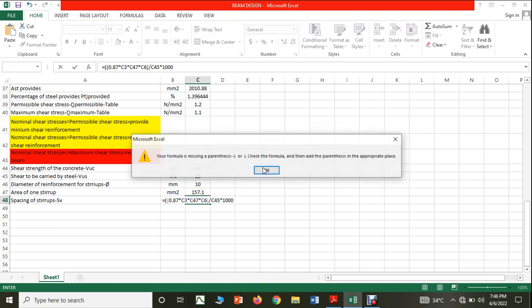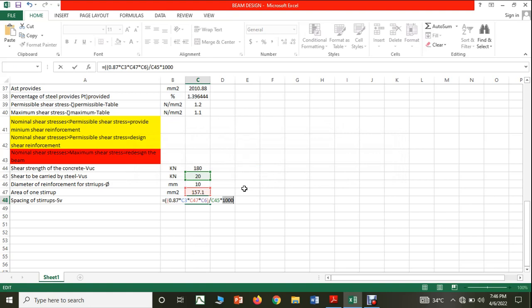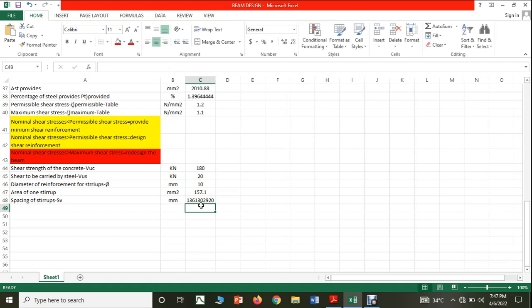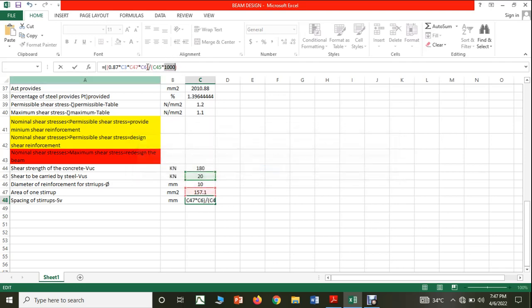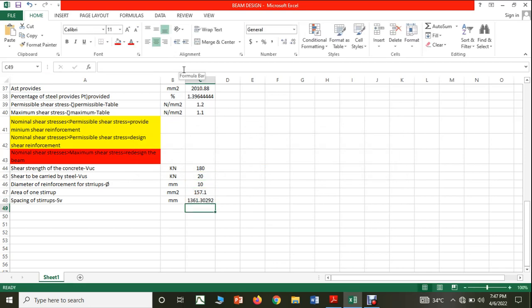I didn't close the bracket. So that will give you the spacing. Anyhow, the spacing is not proper because the values I have taken are not correct. That will give you the final spacing of the stirrups.